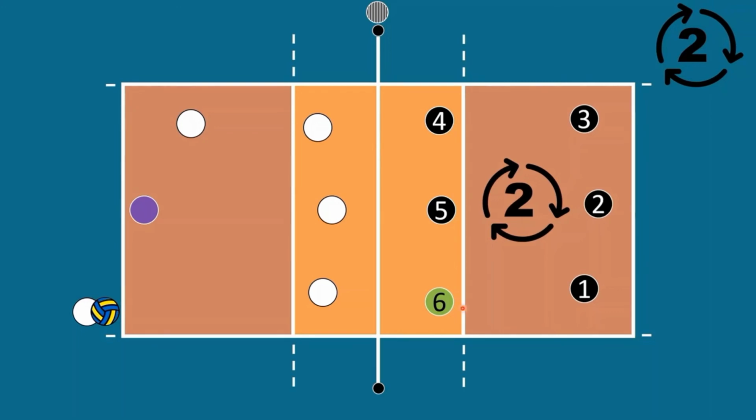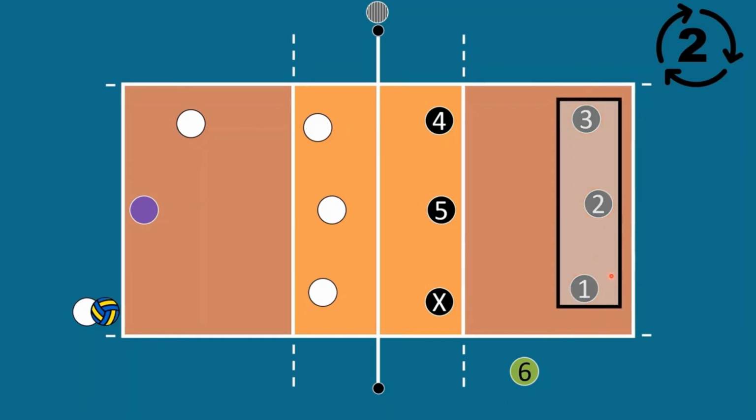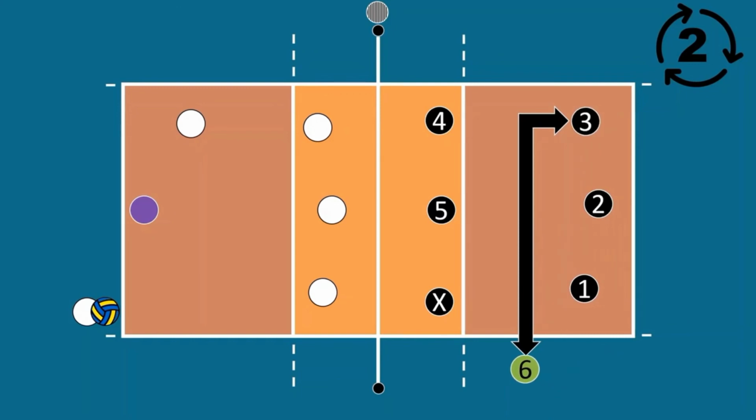So here, the libero cannot play in the front zone, so what they do is they would substitute an external player, and now the libero can replace any of these back zone players. So what they would do is replace the libero with one of the back zone players, and this would be your formation.